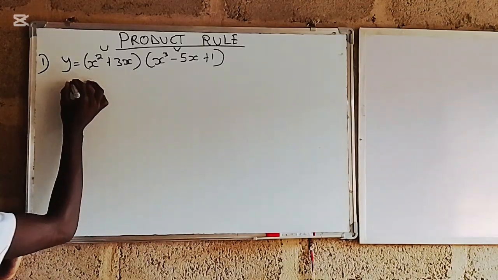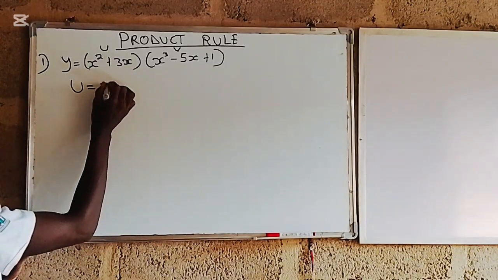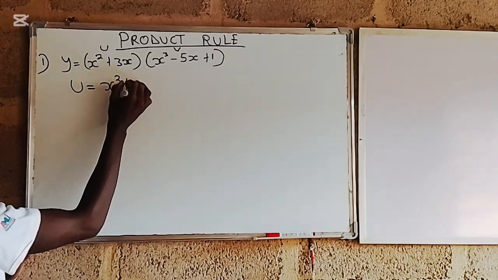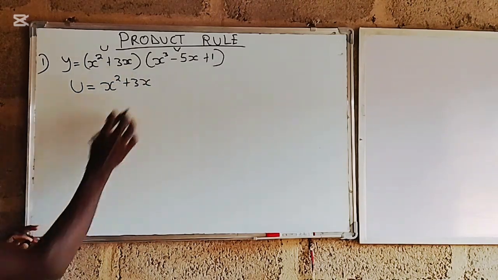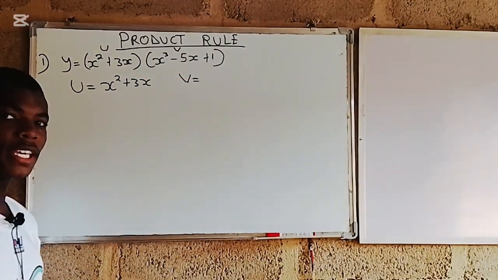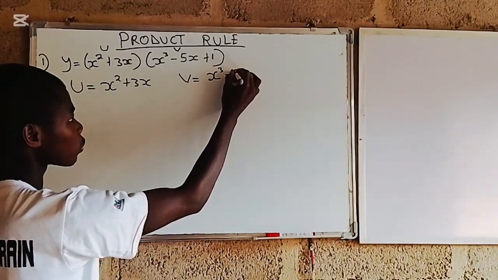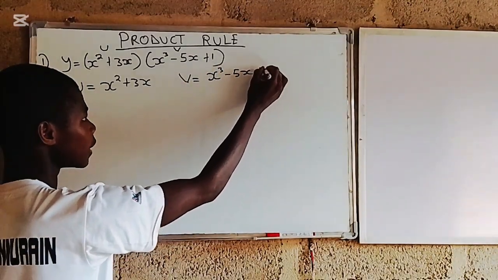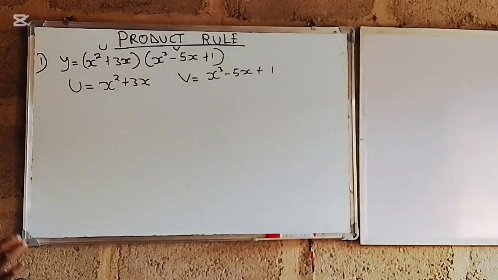So u is x squared plus 3x, and v is x cubed minus 5x plus 1.